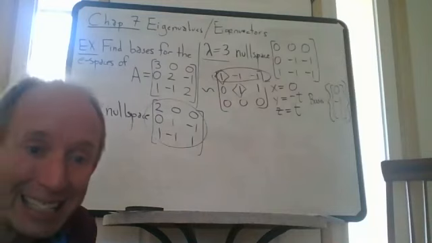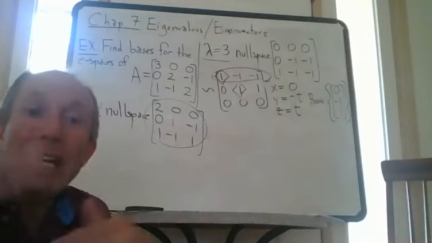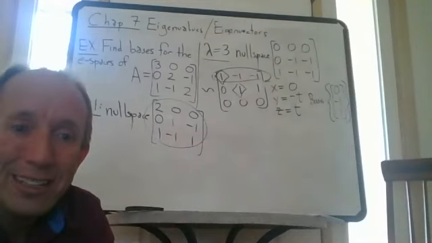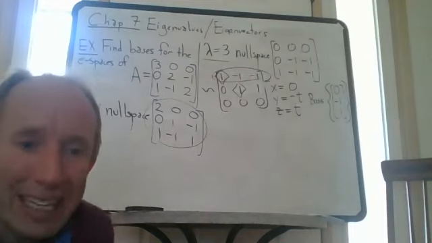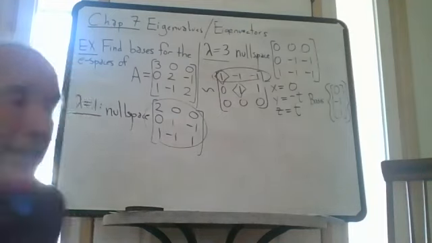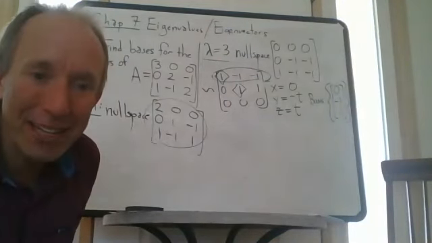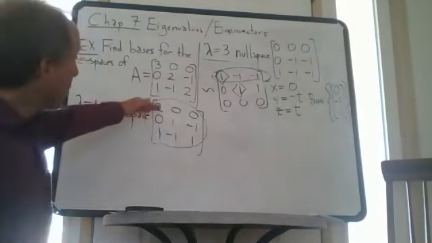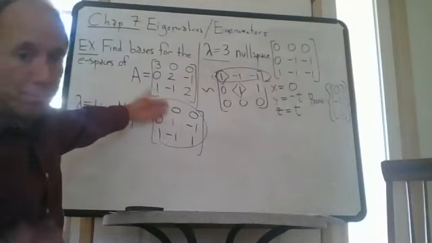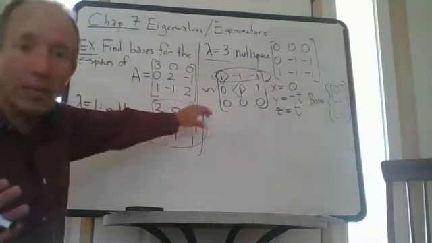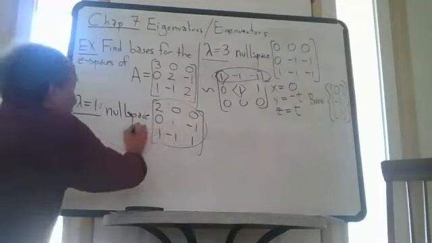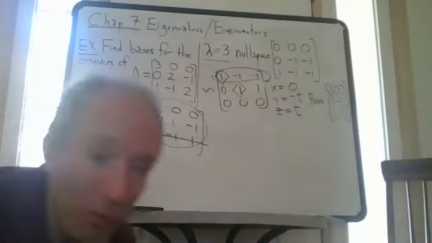What that means is that if you do the EROs, some row is going to get zeroed out. And you can preempt the calculation and say, look, the first 2 rows, I don't really have to mess with those. So I can just go ahead and cross off the 3rd row.